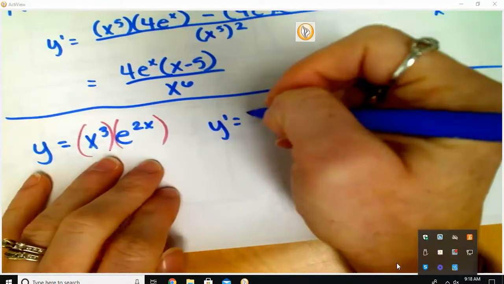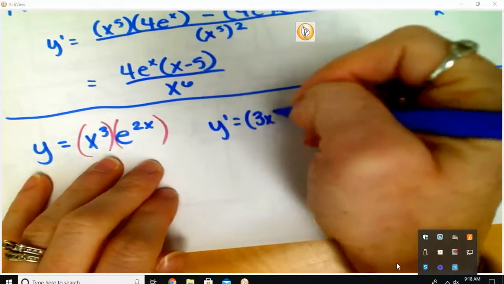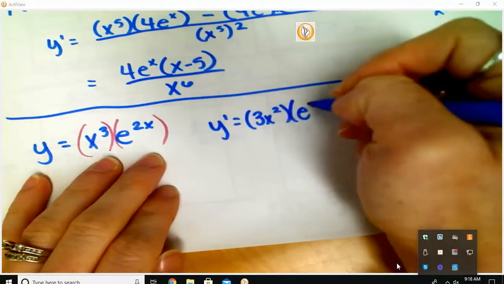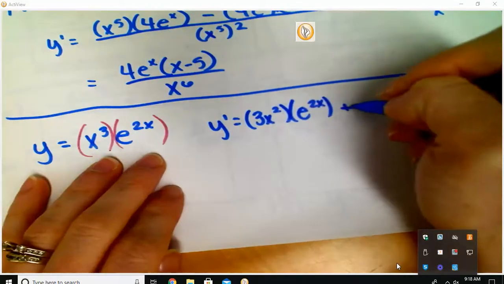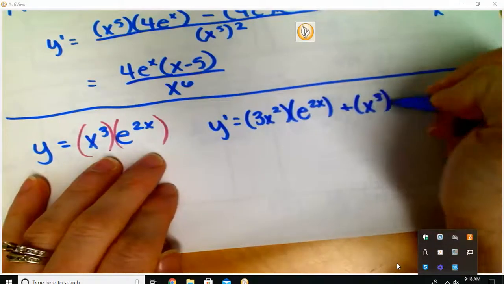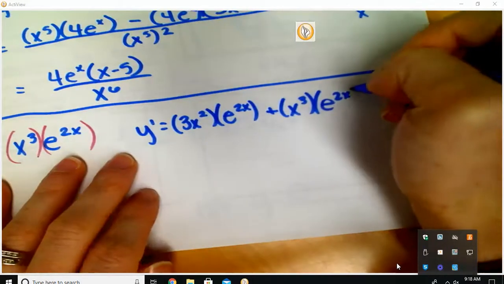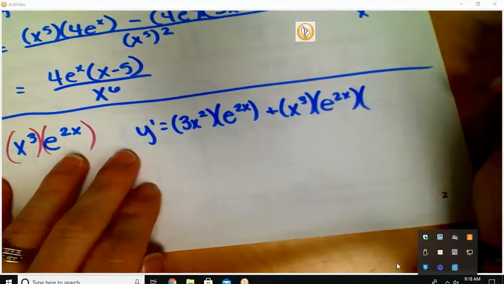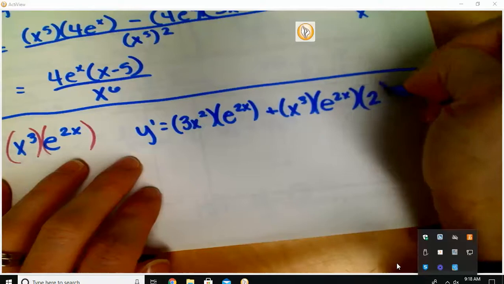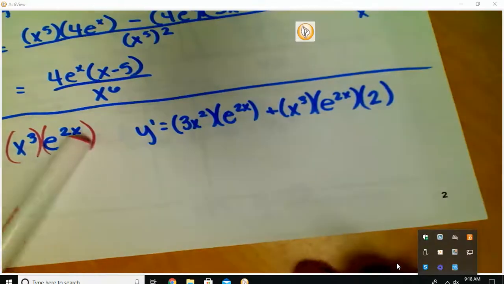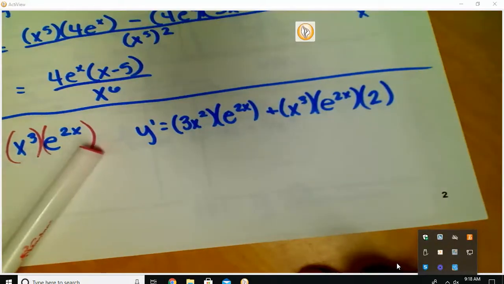So derivative of the first is 3x squared times the second, plus the first, x cubed, times the derivative of the second. Derivative of e to a power is still e to the power, but what else do you need on this one? A 2. You have to do the chain rule, because the power wasn't just an x, you have to take it times the derivative of 2x.